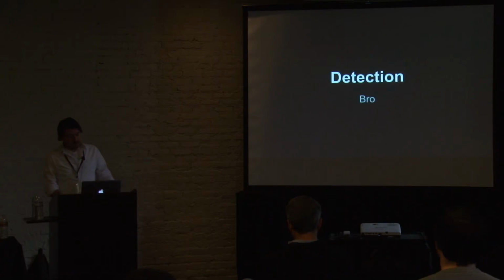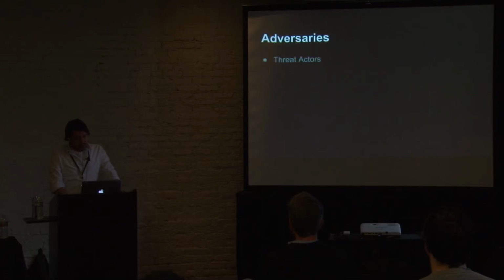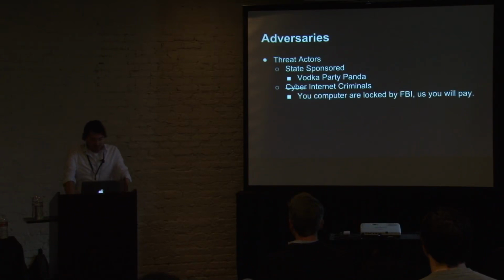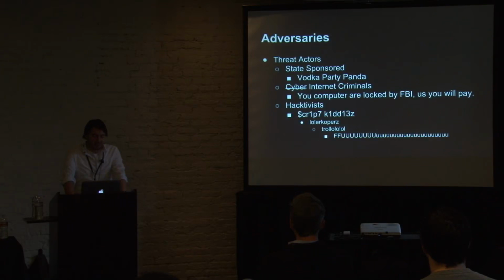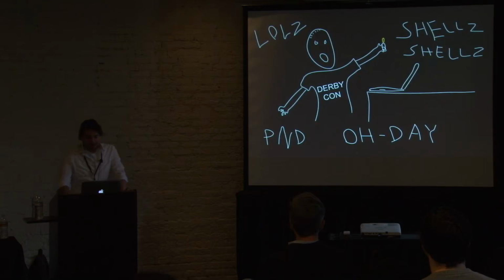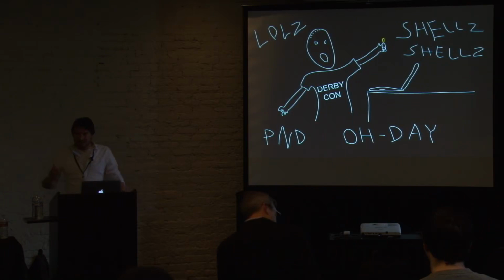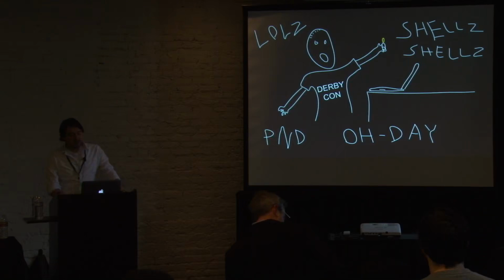The first detection that I wrote for Bro, I was thinking about what adversaries I want to detect with this first Bro script. You've got your state-sponsored threat actors, your internet criminals, hacktivists, and then you have pen testers, red teamers, the guys that are normally speaking at security conferences, hacking all the things, dropping all the 0-days and whatnot.